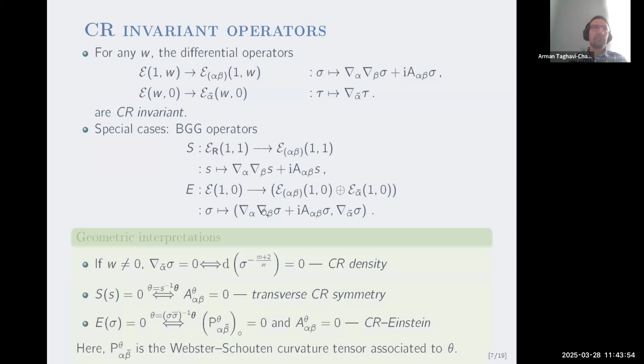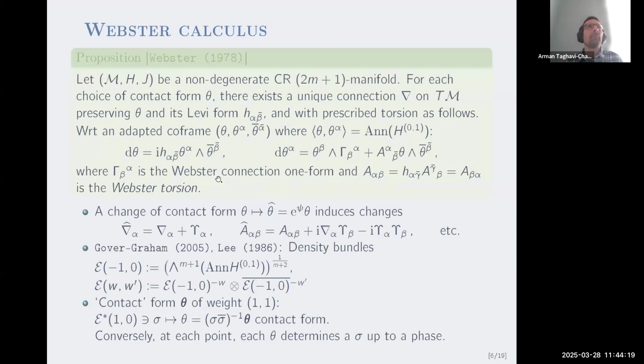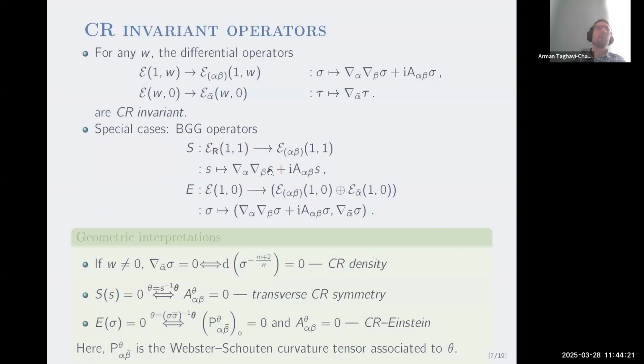It's a bit more complicated. This time the operator is applied on densities of weight (1,0), and it is sent to actually two operators. The first one is this one here, and the second one is that one here. So what's the meaning of these operators? We're interested in the kernel of these operators.